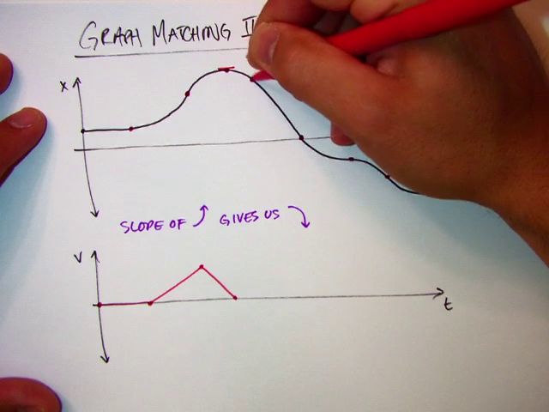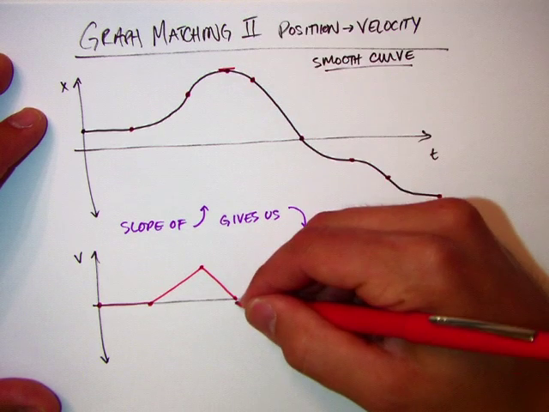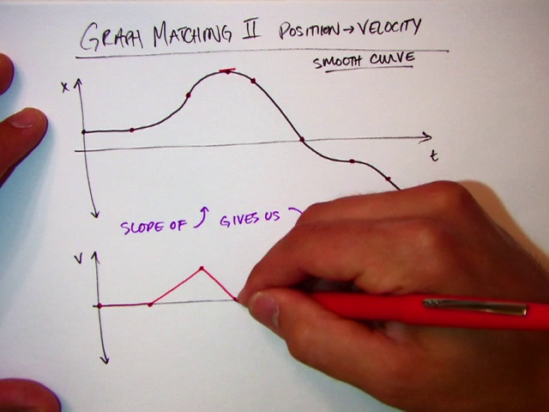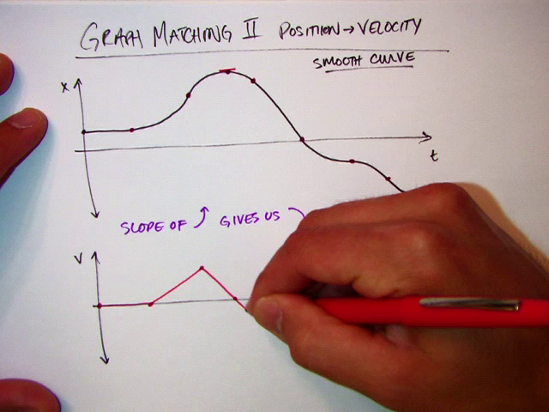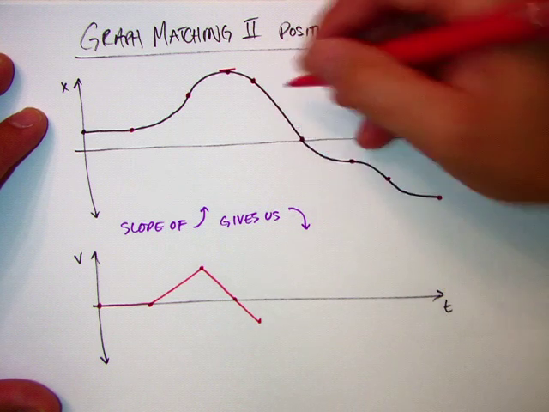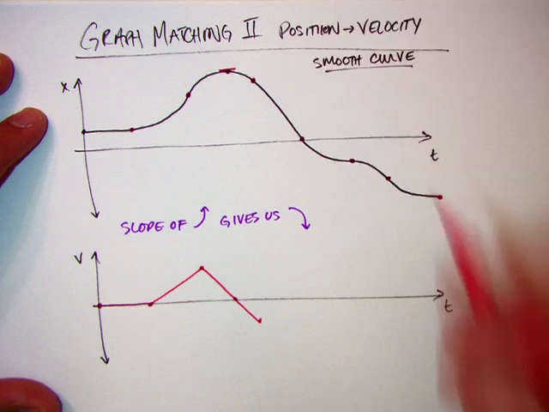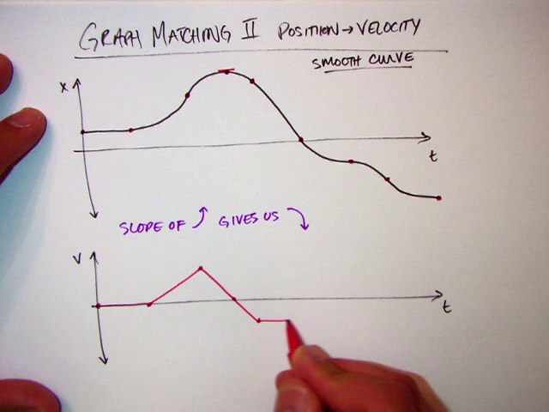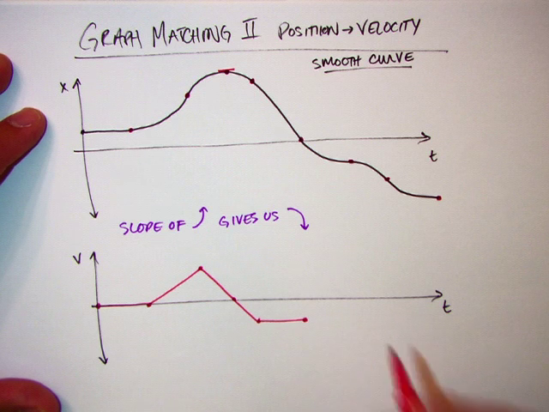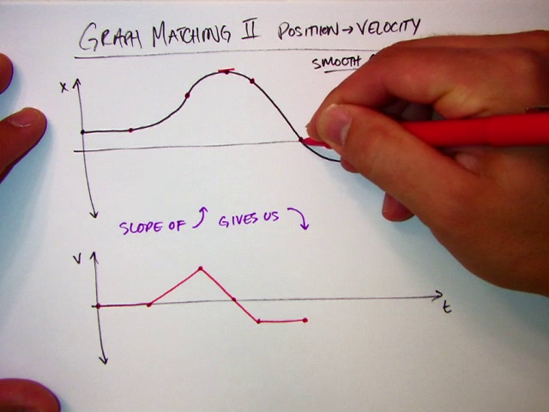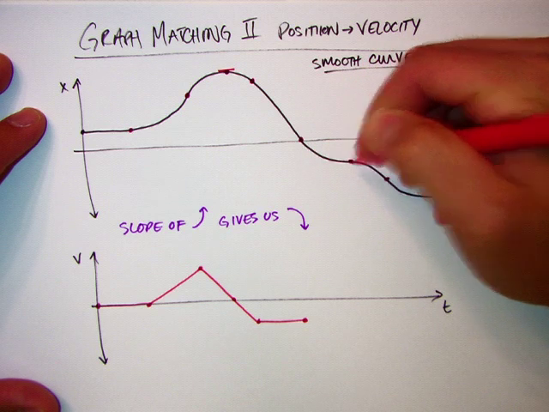Now here I'm decreasing in the negative direction for a while. Now the rate of change from here to here seems to be the same, so I'll keep the same slope. And then at this point I straighten out, so my slope remains constant, negative and constant. So my velocity is negative and constant.